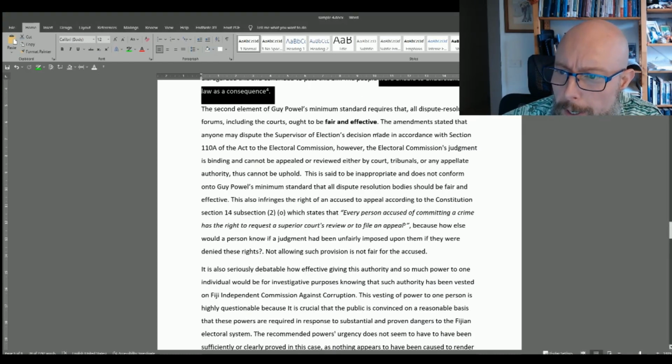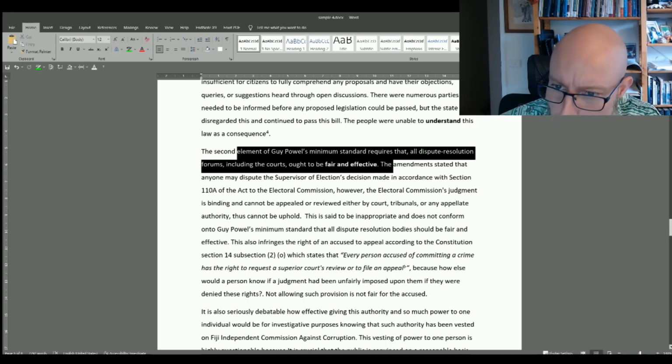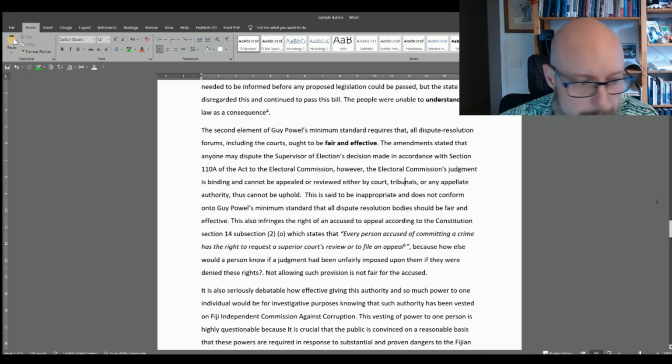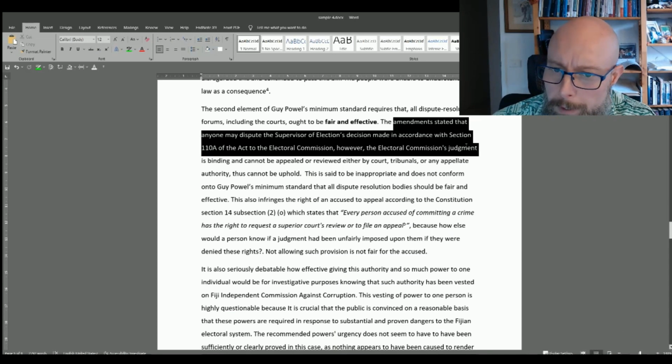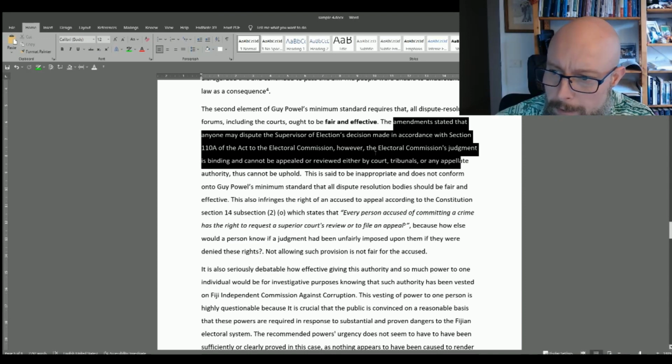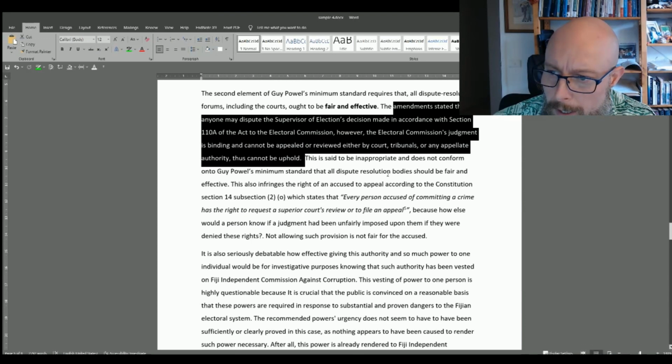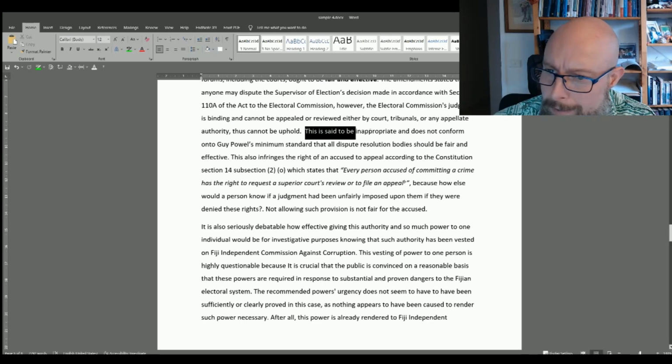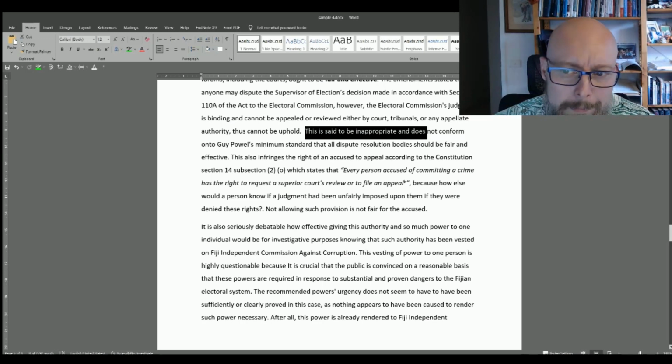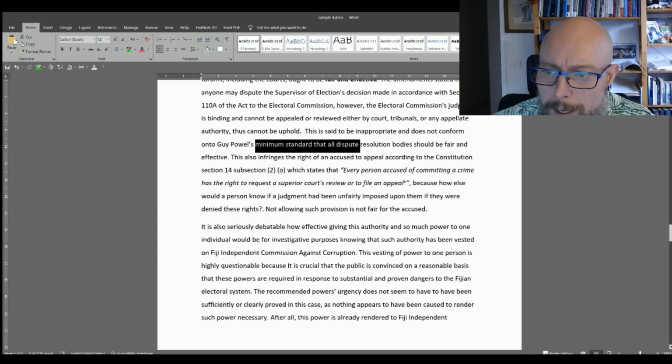So, fair and effective, okay. Because the amendments provide that the supervisor can do these things. And this is said to be inappropriate, I think, by the student and does not conform to PALS, because it should be fair and effective.